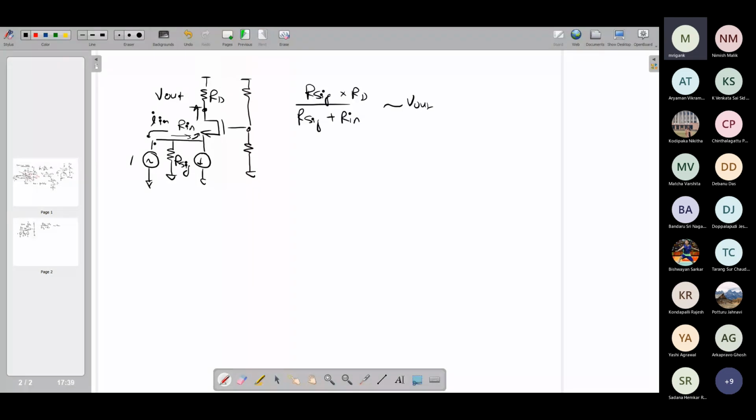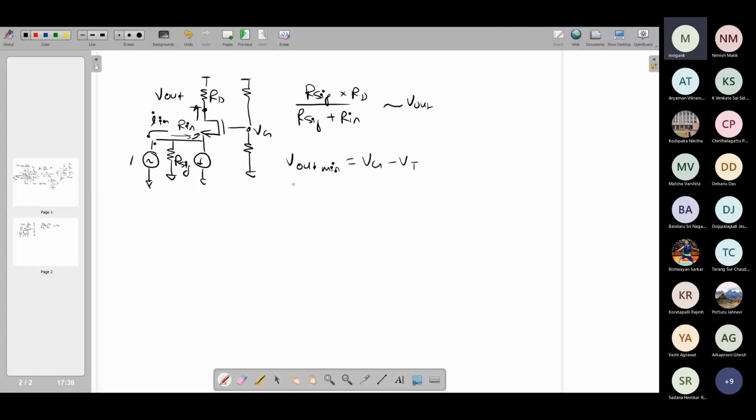Now, looking at some other conditions, like the output signal swing, the bias voltages, and the frequency response, those things we should also look at quickly. Looking at the output signal swing, if you look at the gate voltage VG, which has a fixed DC bias, with respect to that, V out min is going to be equal to VG minus VT, right?